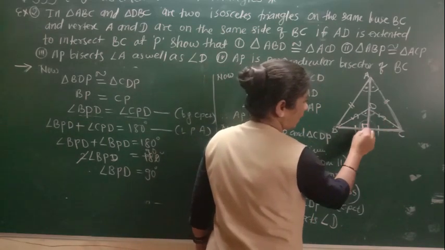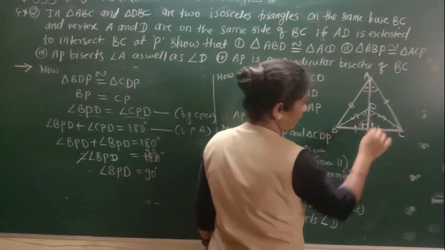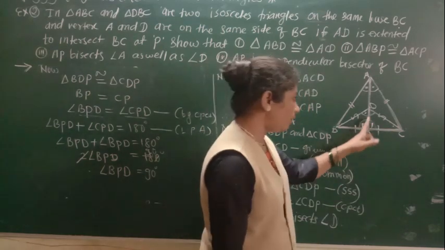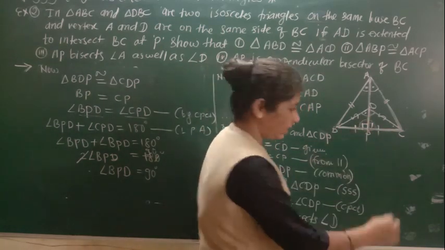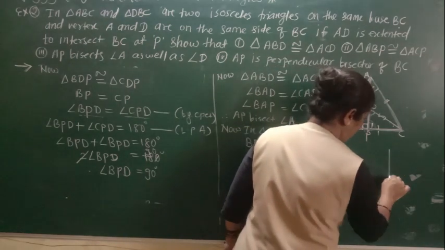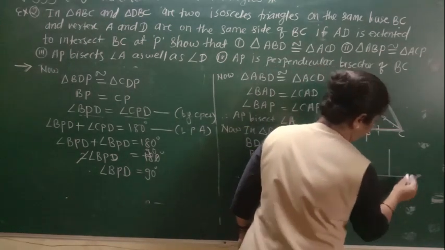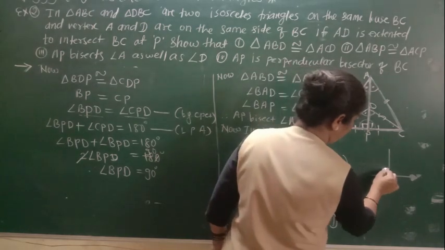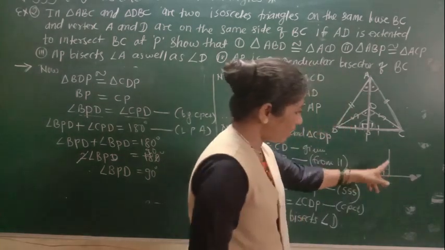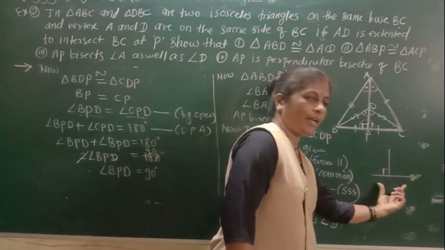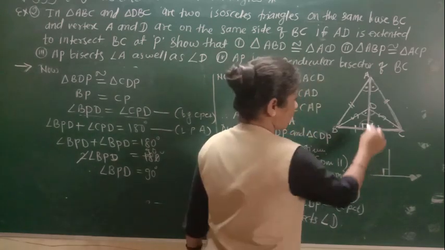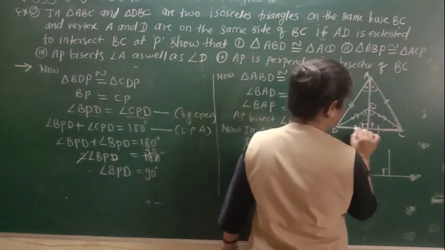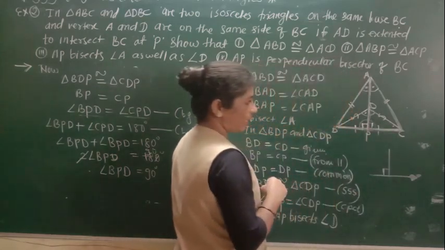So when a line drawn on another segment makes a 90 degree angle, we can say this segment is perpendicular to it. So DP is perpendicular to BC.